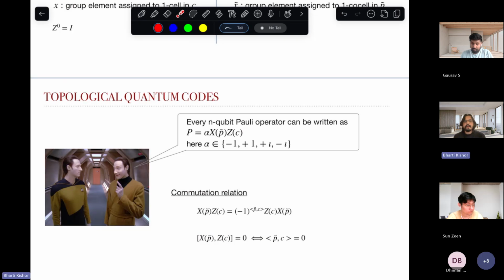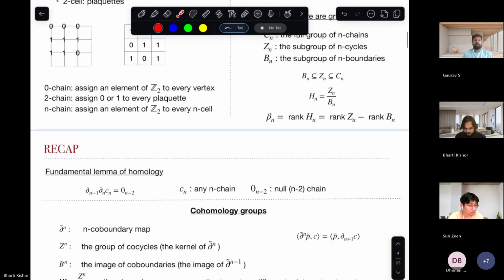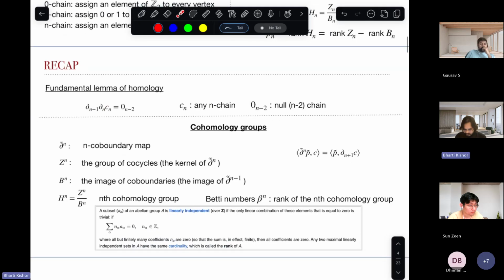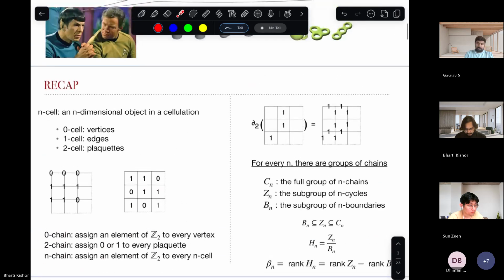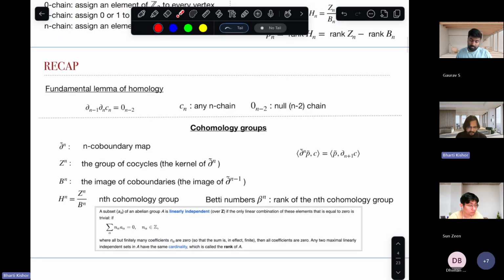This we studied last time. Basically, the inner product will be either 0 or 1, depending on the overlap between chains and cochains, which we looked at last week. I think I have added it in the summary, but wherever needed I will discuss it again.